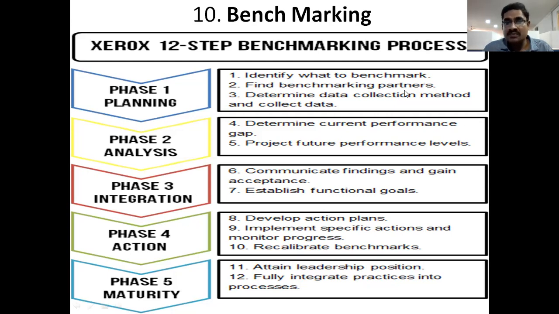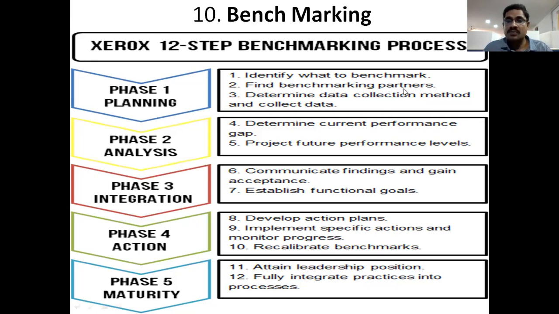Next, find benchmarking partners. So benchmarking partner means comparing organizations. Suppose KHNT, so comparison with KITS and comparison with RVRJC and comparison with VV80. So these VV80, KITS and RVR are the benchmarking partners.